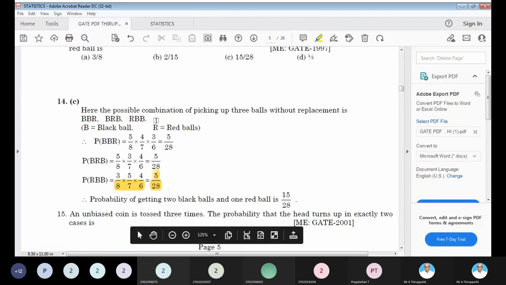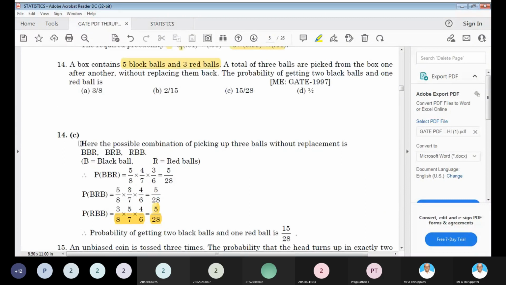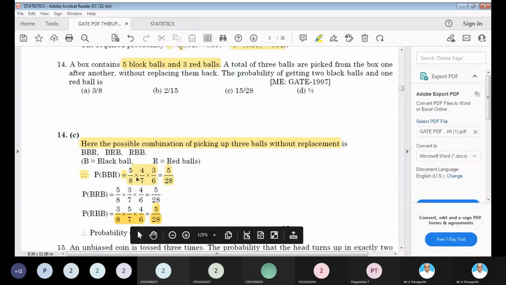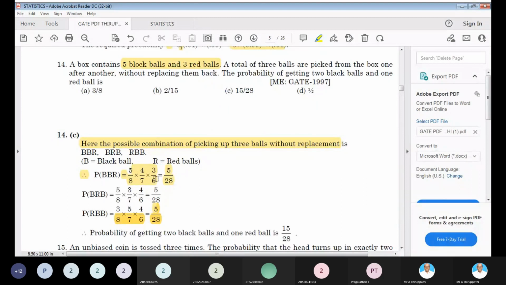The possible combinations are black, black, red; red, black, black; black, red, black. You can use any one of them, because all have the same probability. First, 5 black balls are given, taking only one, 5C1 by 8C1. Next, 4C1 by 7C1 without replacing, so the total balls are reduced one by one. So 5 by 28.